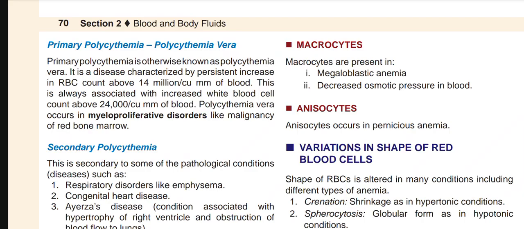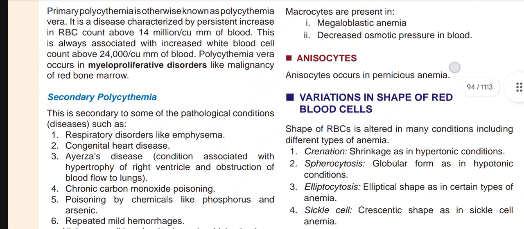Polycythemia vera occurs in myeloproliferative disorder like malignancy of red bone marrow, or cancer of red bone marrow. If a tumor or cancer occurs in the bone, then this type of disease may occur, and this will cause a huge increase in the production of red blood cells, white blood cells, etc.